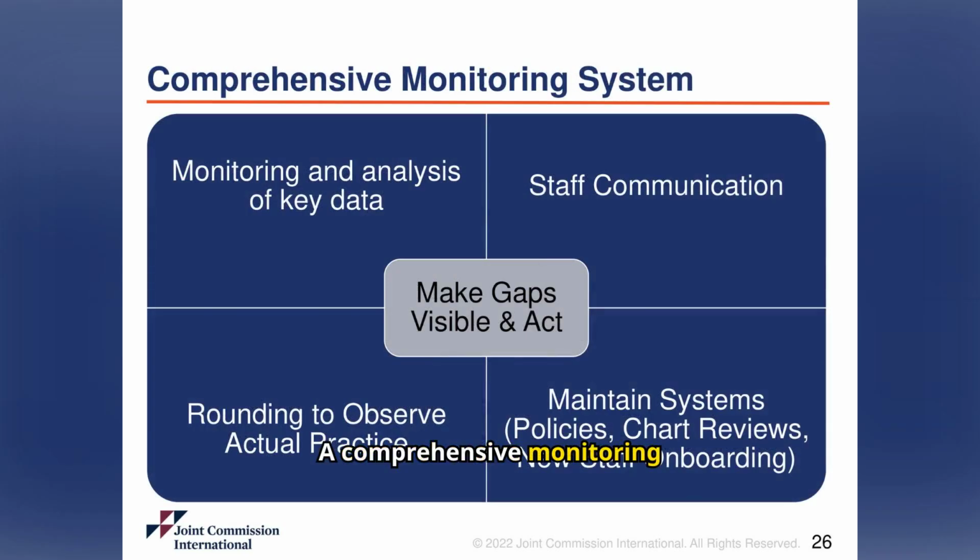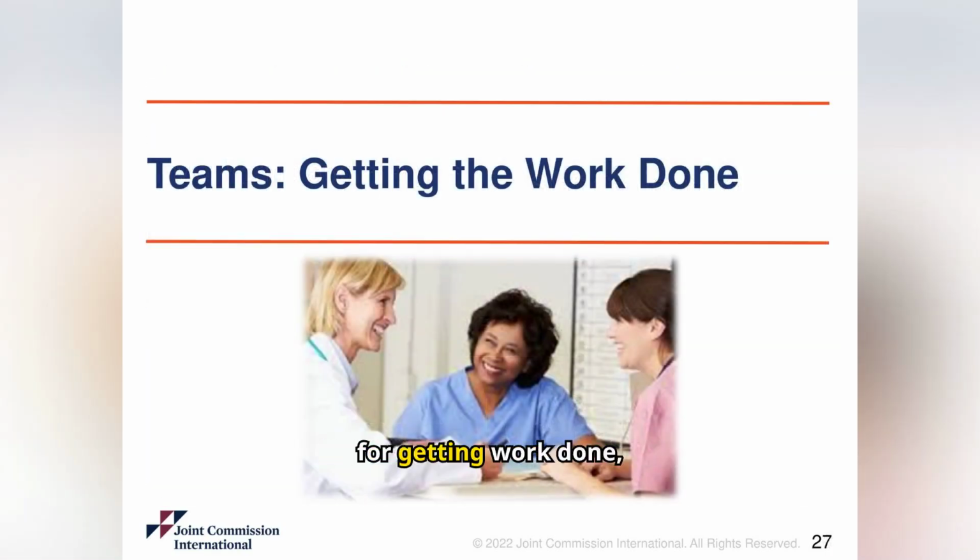A comprehensive monitoring system involves data analysis, staff communication, and visible action on gaps, supporting policy maintenance and continuous improvement in patient care practices. Effective teams are essential for getting work done, fostering a sense of ownership in improvement plans, and ensuring visible leadership support for successful implementation.